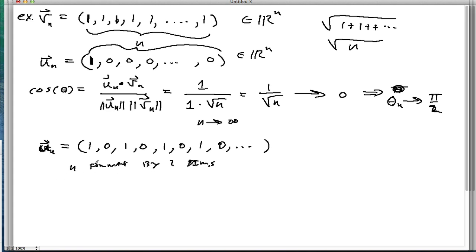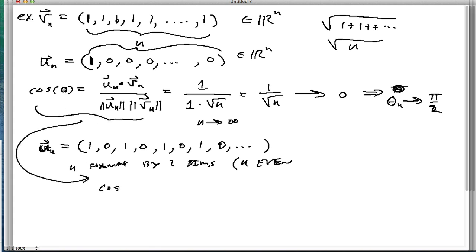So let's take the dot product there. So we see that, as long as n is even, we can get a good result here. The dot product will be n over 2, right? Because half of their entries are 1s, and they share those, so it'll be half of them.